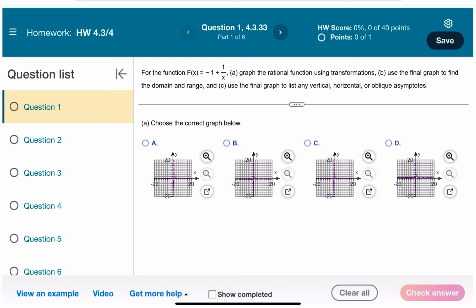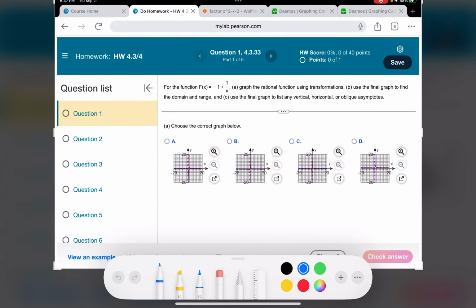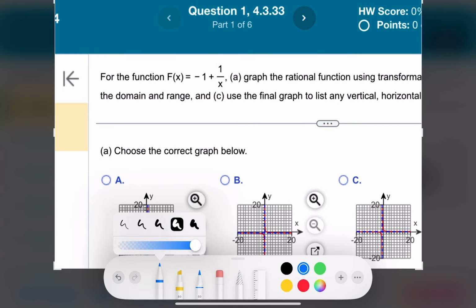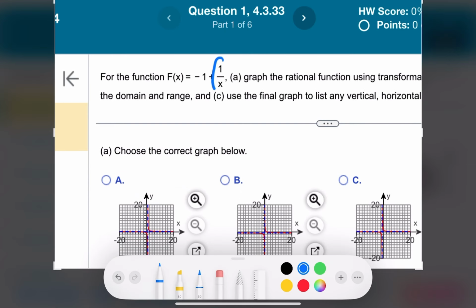So let's begin. For this first one, let me just take a quick snapshot here. All you really need to know is you have to remember that ultimately this is a parent function of 1 over x. All this is doing is shifting down 1 unit.